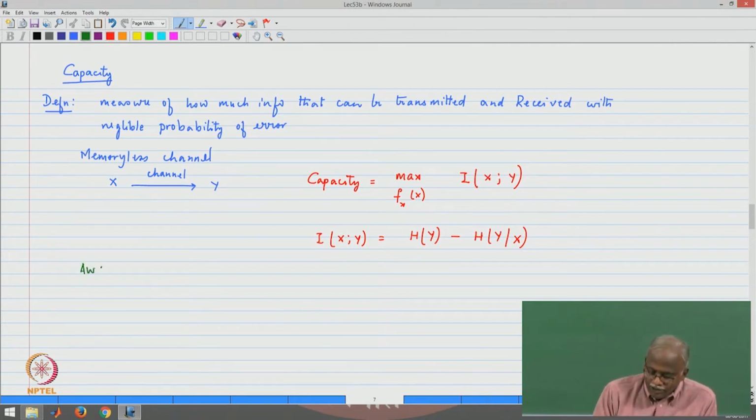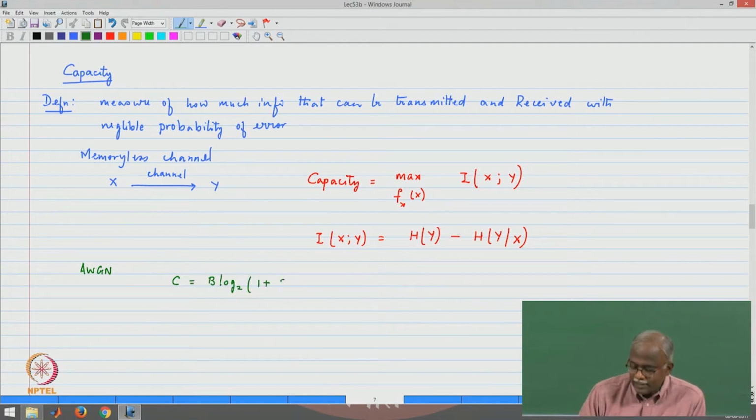For an AWGN channel, this is what we often refer to as Shannon capacity. The capacity of a channel C is equal to B times logarithm base 2 of 1 plus SNR. And as we have been using the notation, SNR is equal to gamma.